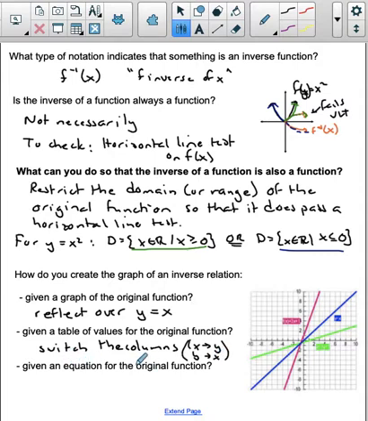And if you're given an equation, what you're going to do is switch x and y, and then re-isolate. Isolate y, and then write f inverse at x in place of y.